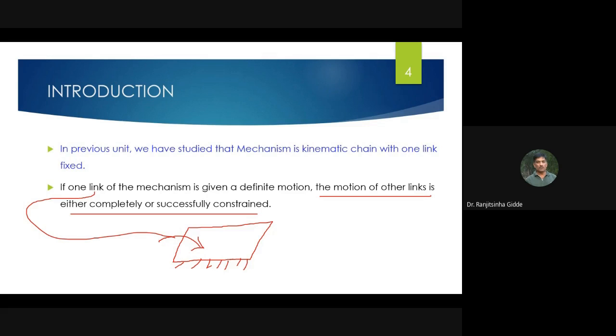So this is the input that we have given to get oscillation for this link. So I will name it 1, 2, 3 and 4. For this link we have given some definite motion to get oscillation of this link number 4, and that can be considered as successfully constrained.